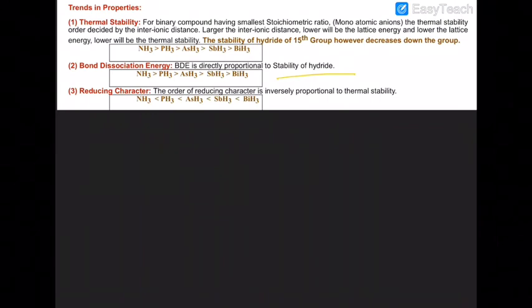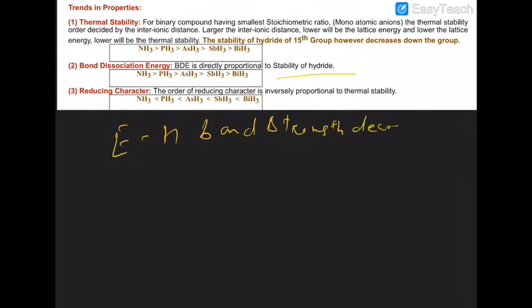This is because of the weakening of the element-hydrogen bond. As the element to hydrogen bond strength decreases, what has happened?